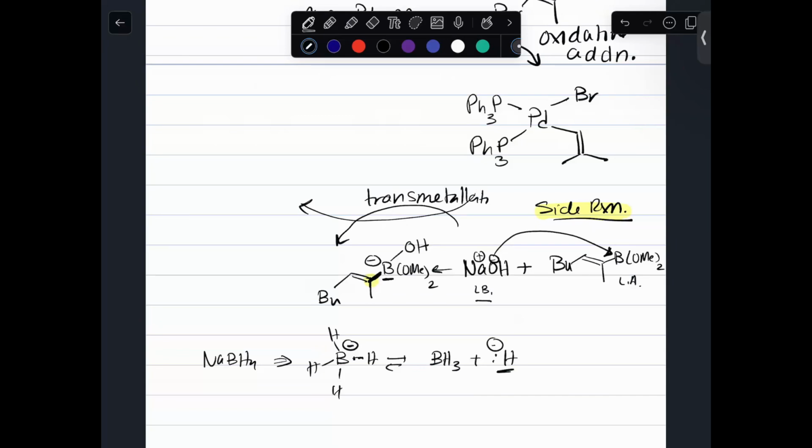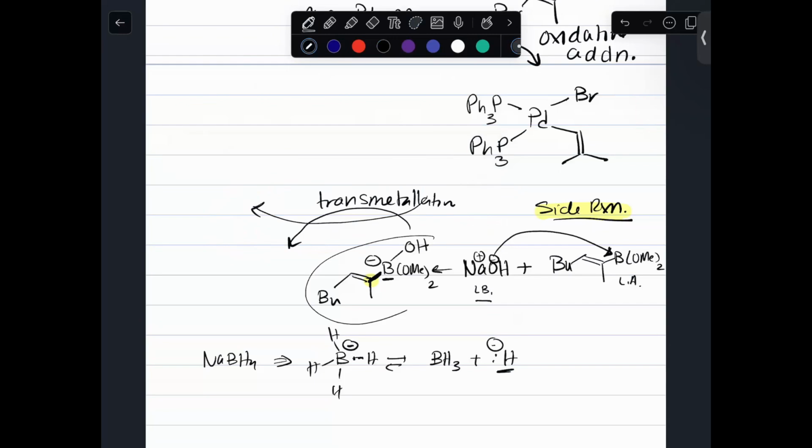And what I mean by that is this structure is added into the reaction and it swaps groups with the palladium. And the group that it swaps is the bromine. So the boron now has the bromine.